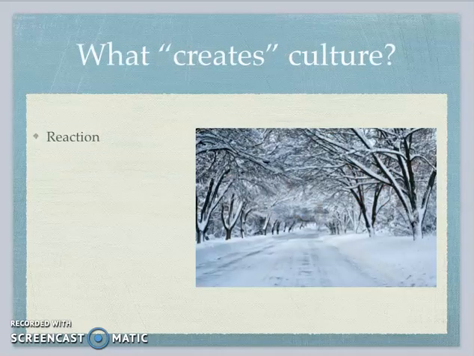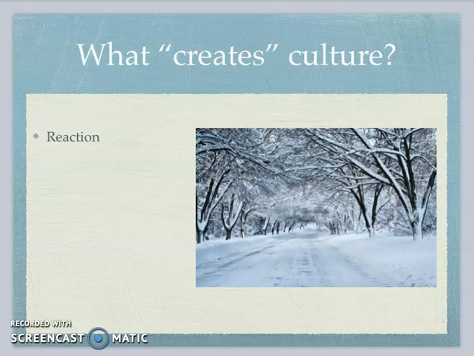The thing that we need to ask ourselves is, what creates culture? How is culture created? What we need to know is that culture is created as a reaction to the environment. So things that we eat, religious beliefs, all those things are a reaction to the environment.